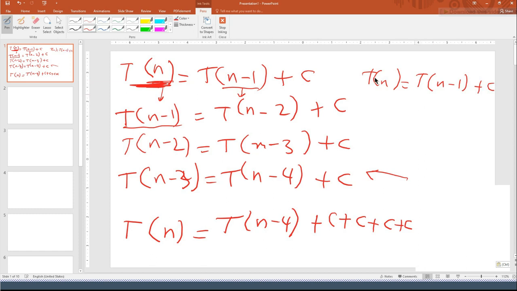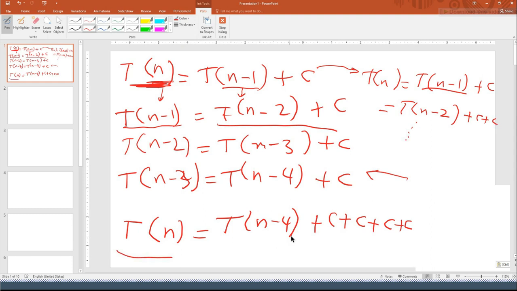This is the original one. Here, I just copy the same. Now replace Tn minus 1 by its value here. So it will have the same thing. Tn minus 2 plus C plus C. Continue doing the same. You will reach to this point where Tn equal Tn minus 4 plus C plus C plus C plus C. 4 C's.